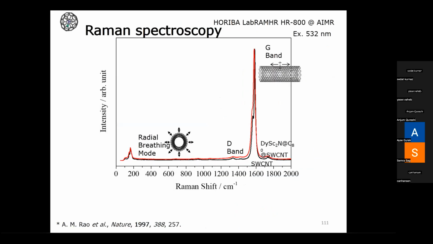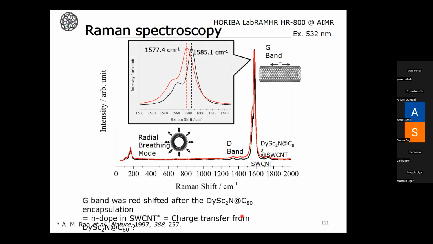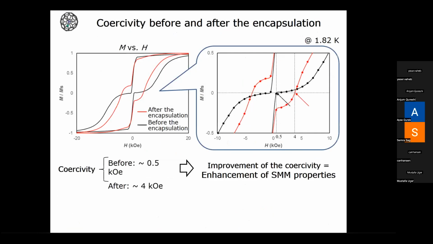This is Raman spectroscopy, which is very sensitive to charge transfer. Before and after encapsulation, a red shift is observed. So this means charge transfer from the metallofullerene to the single-walled carbon nanotube. Interaction occurs between the single-walled carbon nanotube and the metallofullerene. The next point is the coercivity.